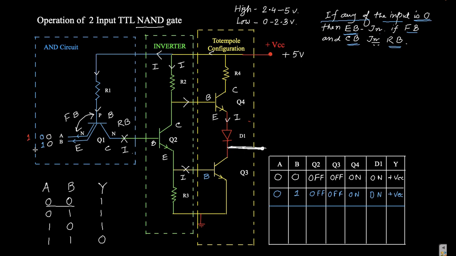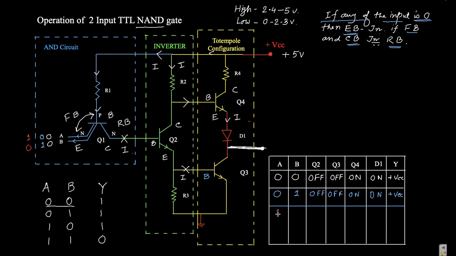Again the same funda: as any one of these inputs is 0, for Q1 the emitter base junction is forward biased and the base collector junction is reverse biased. Again Q2 is not getting any current, it is in the cutoff region, acting as an open switch. As it is an open switch, Q3 is also an open switch because Q3 is connected directly to Q2. And for Q4, some current will flow through it, and as it is forward biased, D1 is also forward biased.